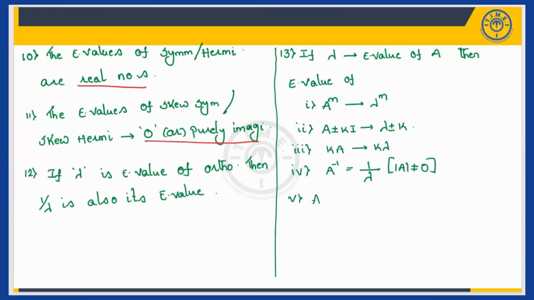And adjoint A is det A by lambda, again provided det A is not equal to 0.